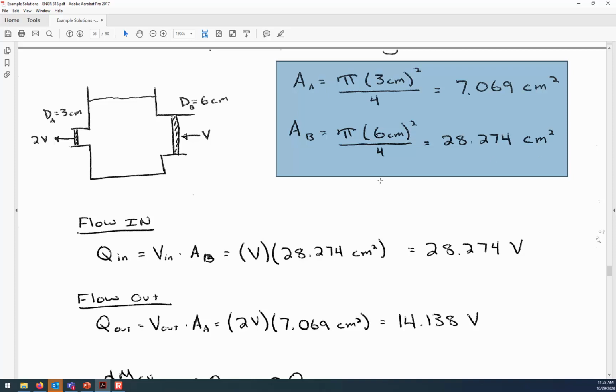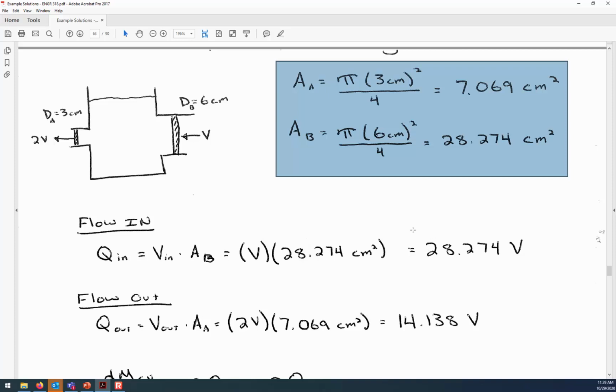And so the flow in is caused by the piston at B. And so the flow in is the velocity in, which is just V, multiplied by the cross-sectional area at location B. So that's the one with the 4 times larger cross-sectional area.